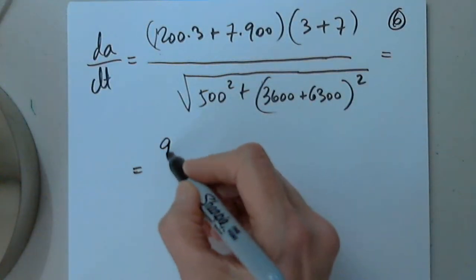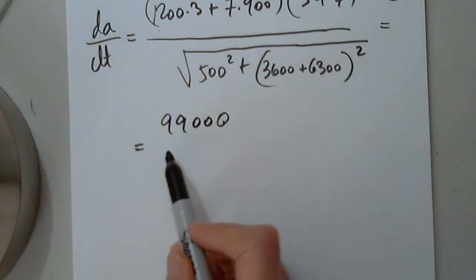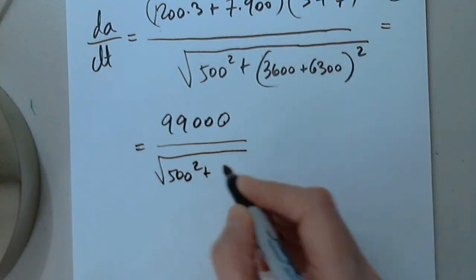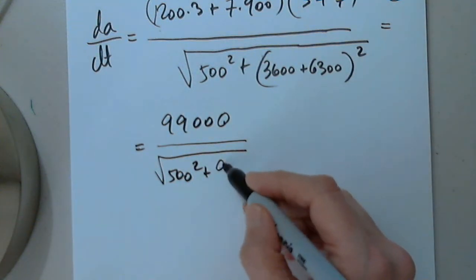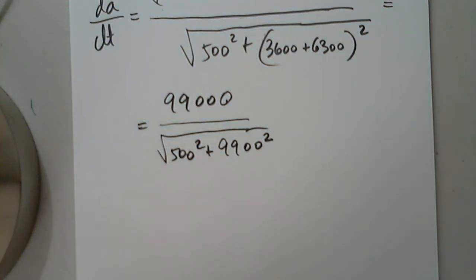Okay, so 9,900 times 10, over the square root of 500 squared plus, again, I think it's 9,900 squared. Okay, so let's see what we get. I'm trying to clean it up a little bit before we enter it in the calculator.